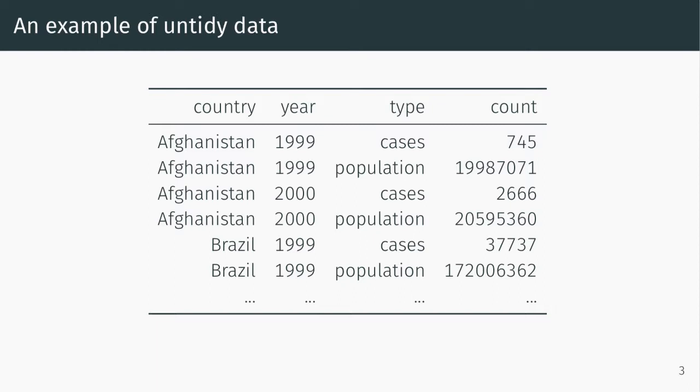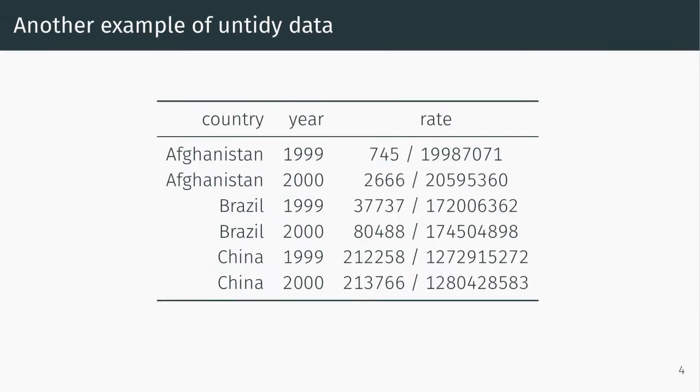It's arranged a little bit differently so that the cases and population are now a type, and there's a count of each of those. This is untidy data according to the definition of our authors. And what I mean by untidy data will become clear in a minute.